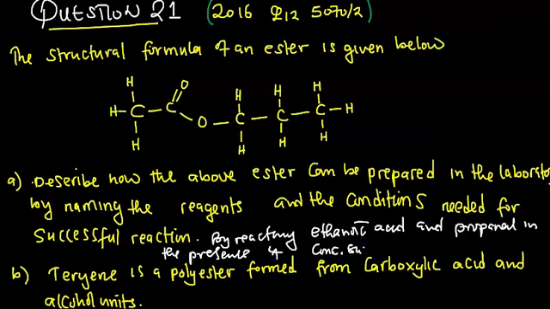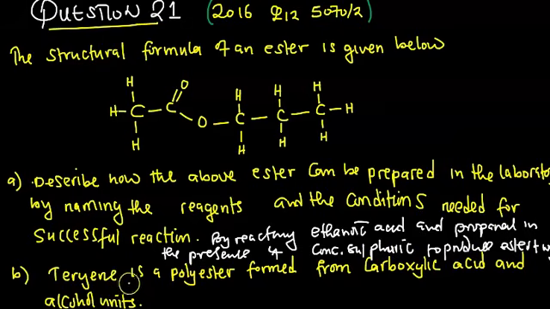So in the presence of concentrated sulfuric acid as a catalyst, to produce ester plus water only. So these are the products that are produced. So that is how we can write it: by reacting ethanoic acid and propanol in the presence of concentrated sulfuric acid to produce esters.